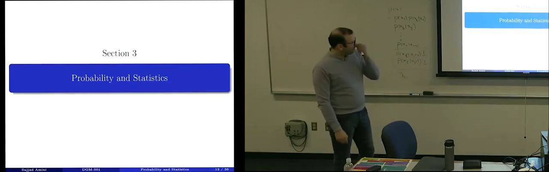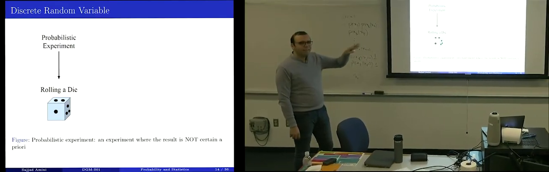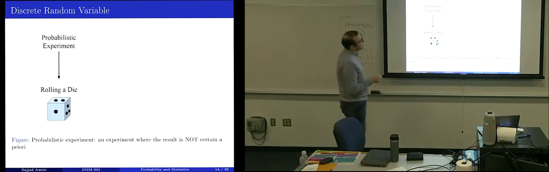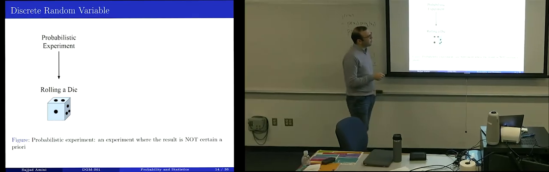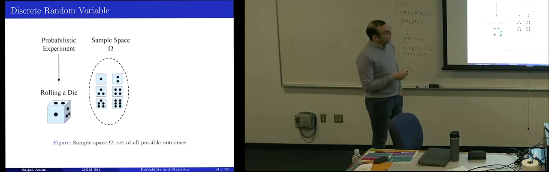Then I want to talk a bit about probability and statistics, and more about probability, not statistics. It is just a review of what we have learned before. A probabilistic experiment is defined as an experiment where the output is not certain, for example rolling a die, but the space that the output comes from is certain.